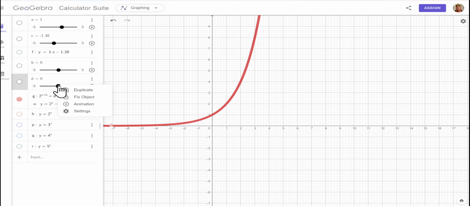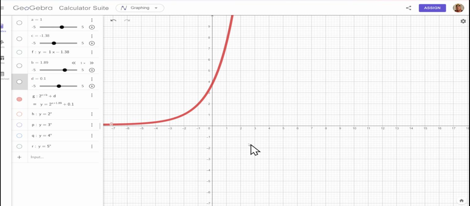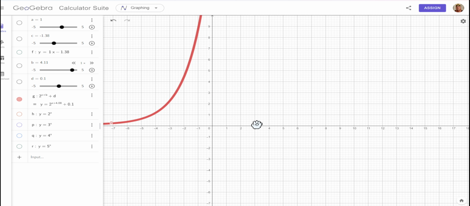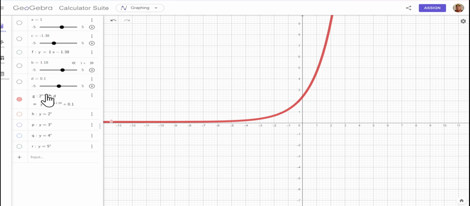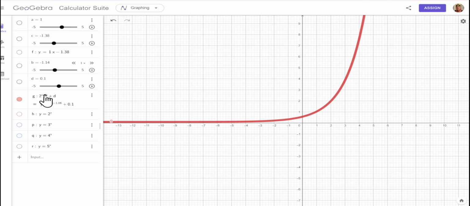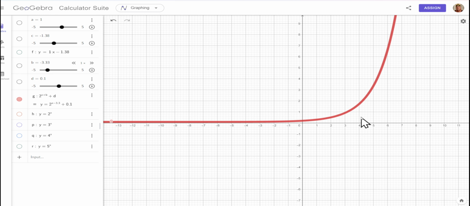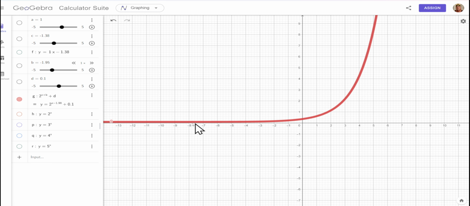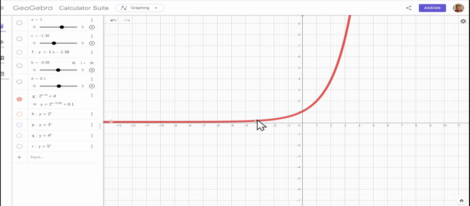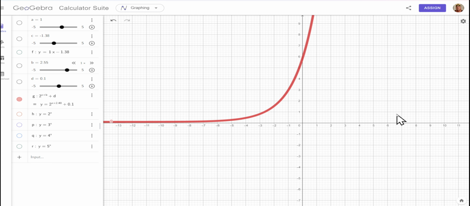Oh, blooper. Okay. If we change that number that's in the exponent position, the shape is not going to change, but it's going to move to the left and to the right.